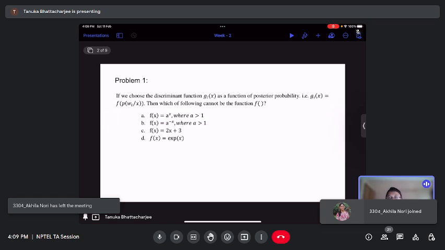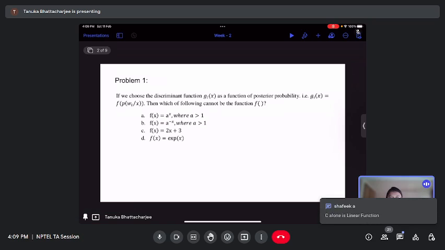Okay, here we are not concerned about how this posterior probability will be computed. You assume you have somehow computed the posterior probability and you want a function of that posterior as your discriminant function.